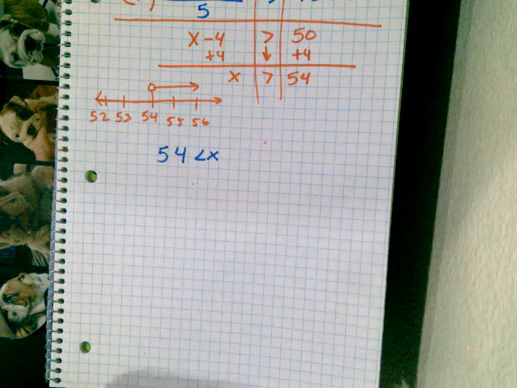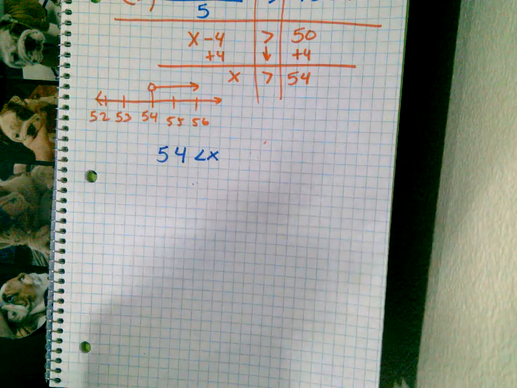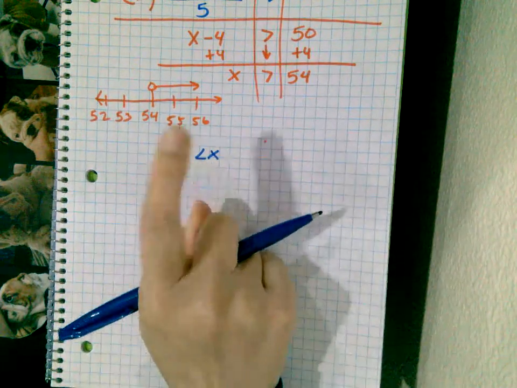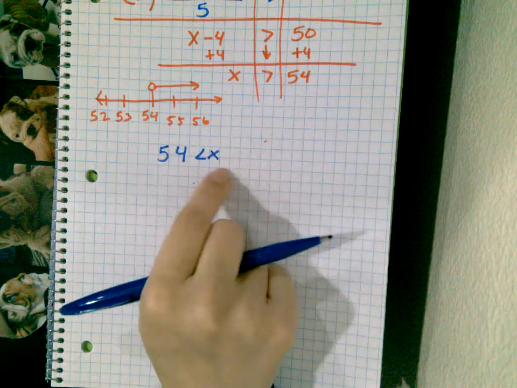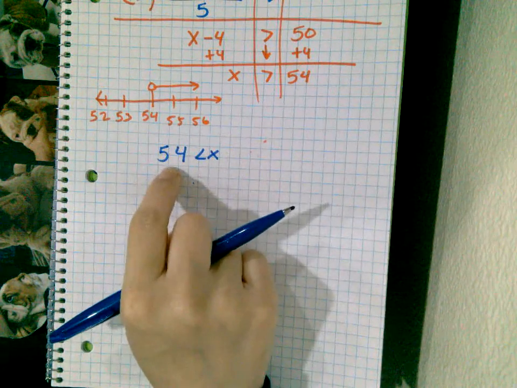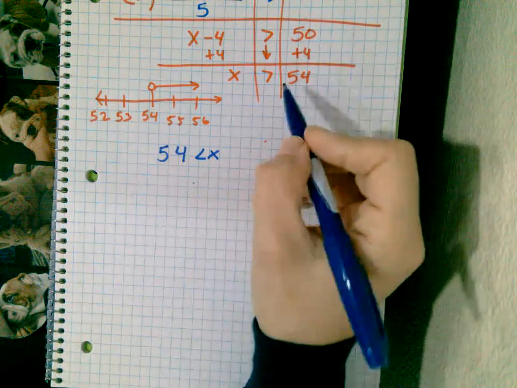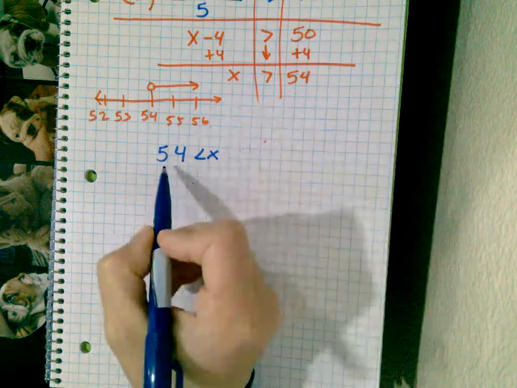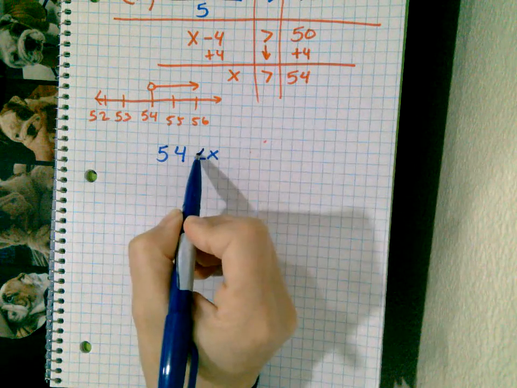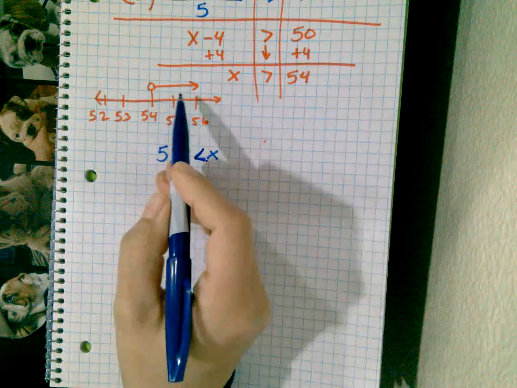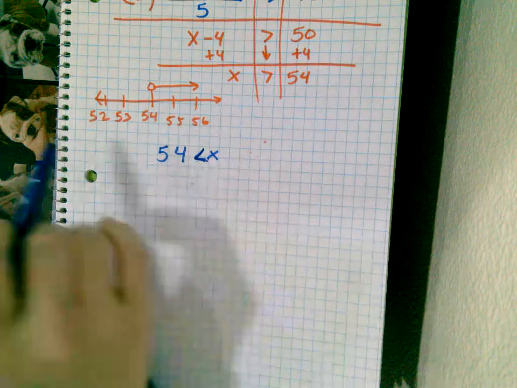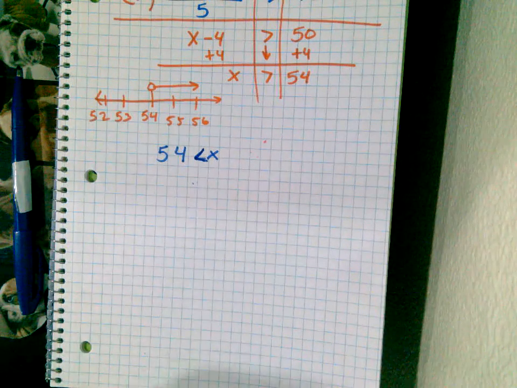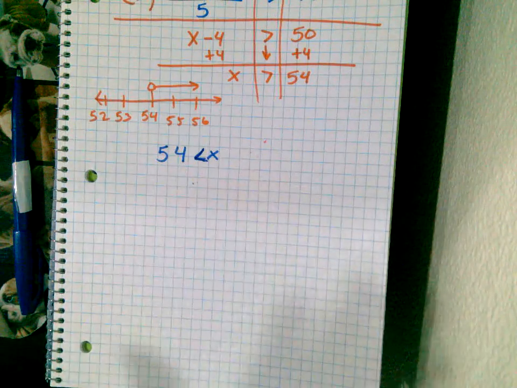Oh, yes, I remember. Someone who turned in their work yesterday because they were absent. Remember, when the number is first, you have to shade the opposite way. So here it's exactly the same. When the number is first, you see how this is pointing to the left, but I shaded to the right because you have to do the opposite. So just a quick reminder, you won't have any of these on today's assignment.